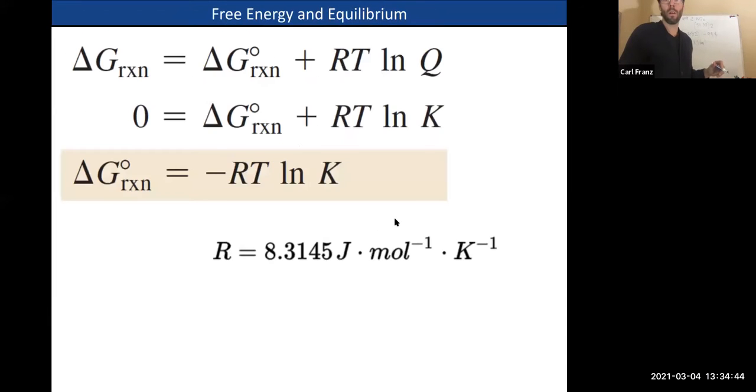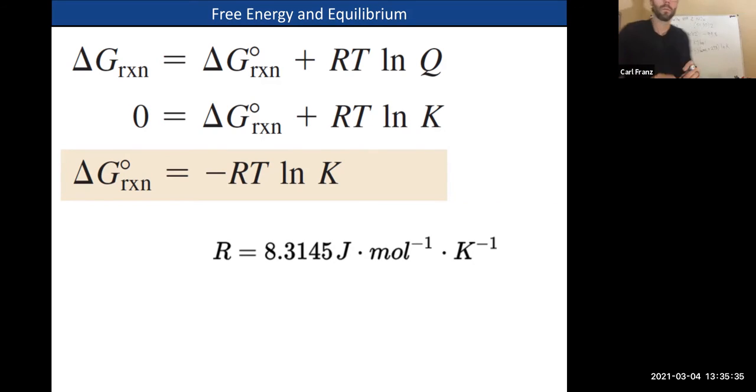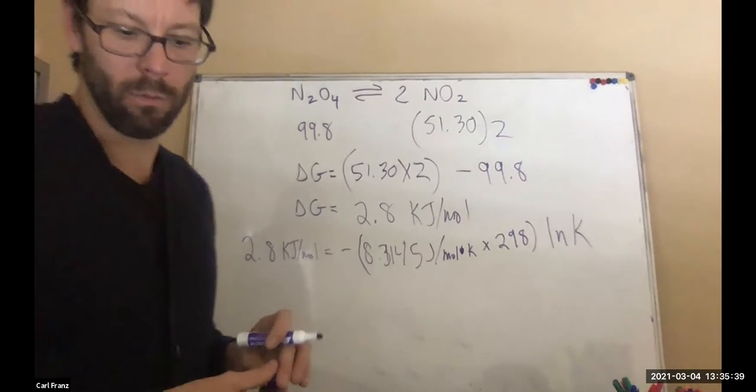We can say that 2.8 kilojoules per mole is equal to a negative 8.3145 joules per mole Kelvin times 298, I think they gave us, times the natural log of K. So we still need to convert kilojoules to joules, right?